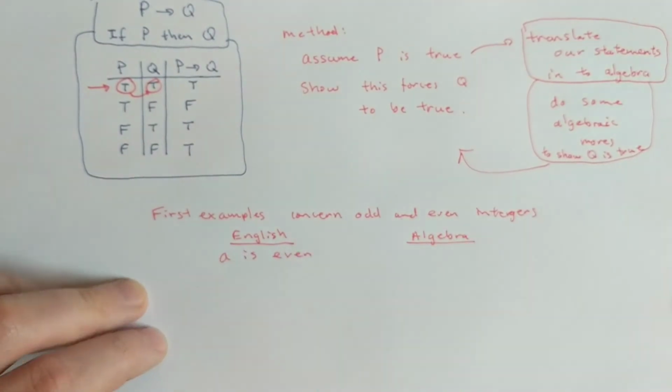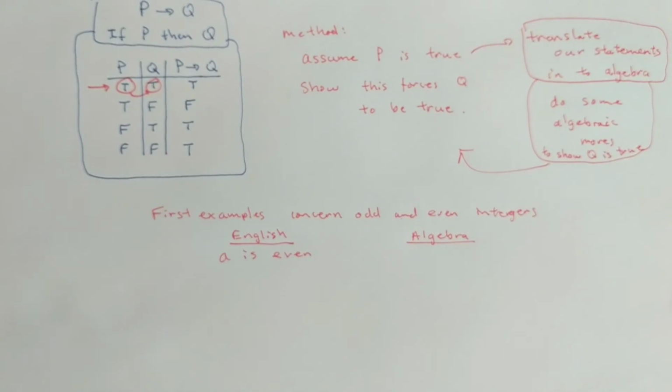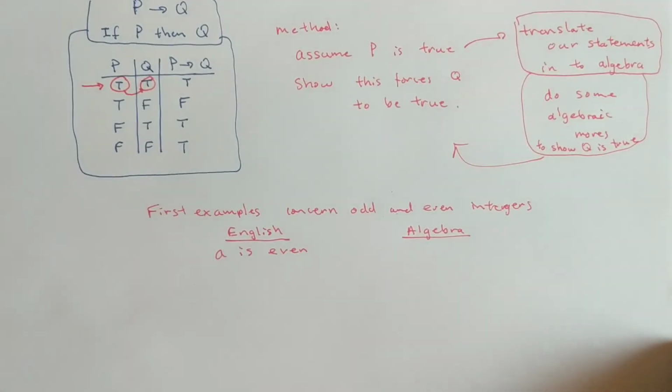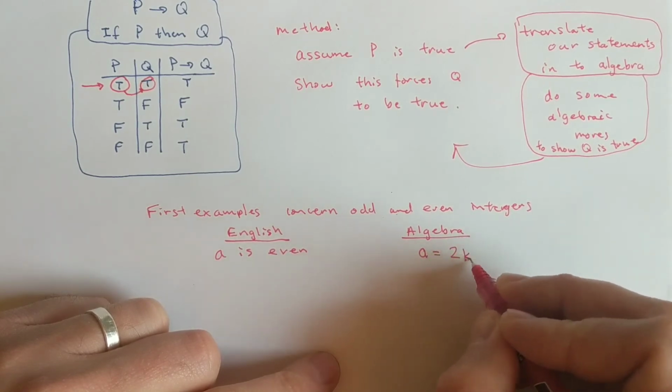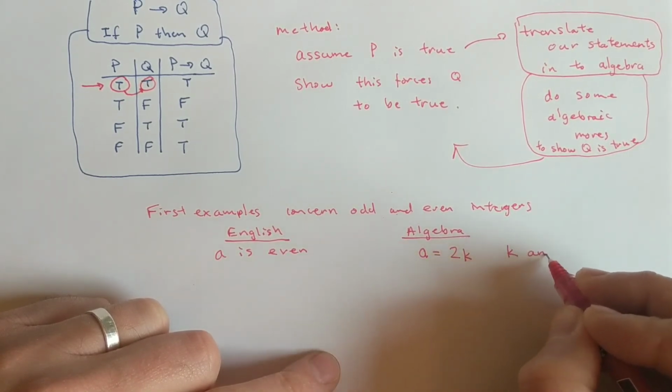There are a lot of ways you can use algebra to say that A is even. The way we're going to use over and over is that even is the same as being divisible by 2. And divisible by 2 is the same as saying I can factor A into 2 factors where one of them is 2. So this is how we would write it: A is equal to 2k, and k is any integer.